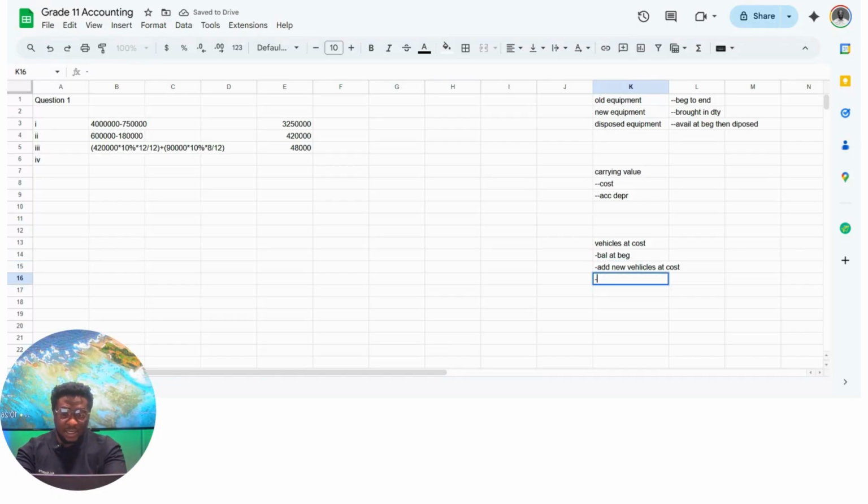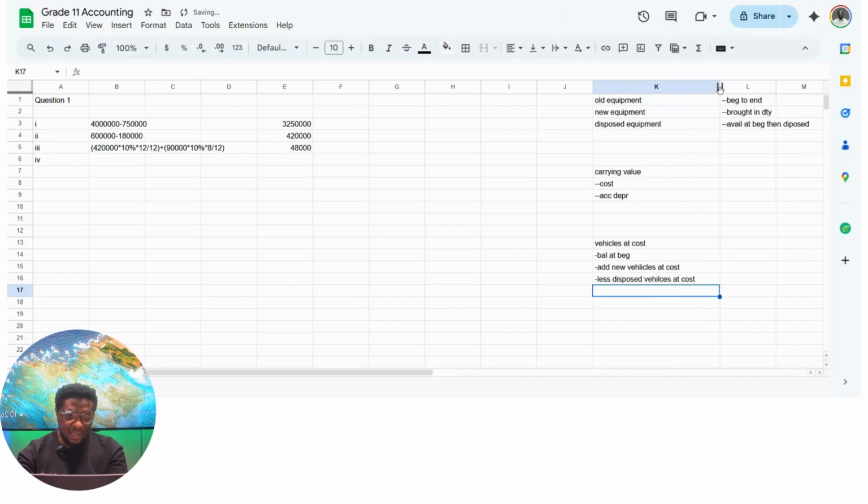And then we're going to say less disposed vehicles. Now, this would also be at cost. So whatever the cost of that disposed vehicle is, it would be applicable in this case. And then that will give us the cost of vehicles at the end.